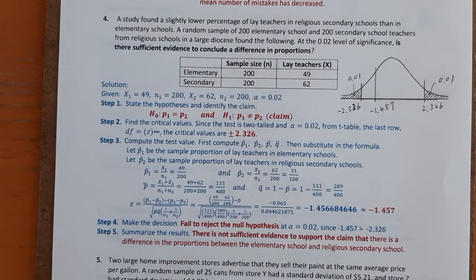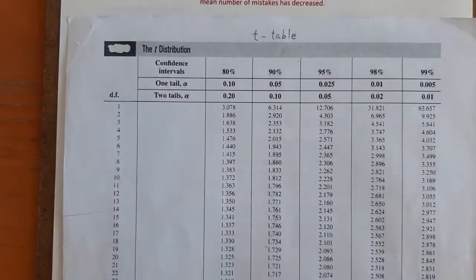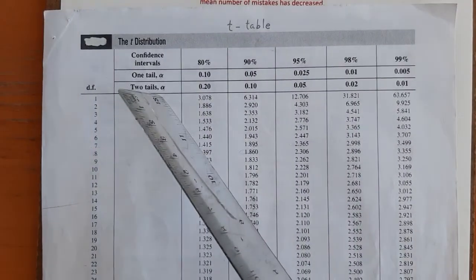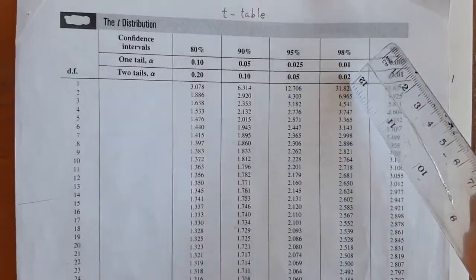because this is Z, we will use the T-table, two-tail test, 0.02 here.